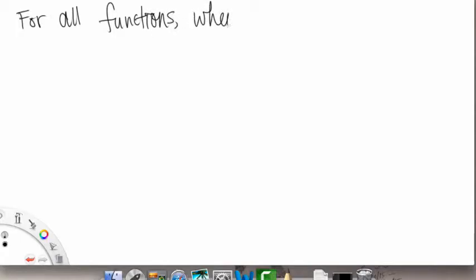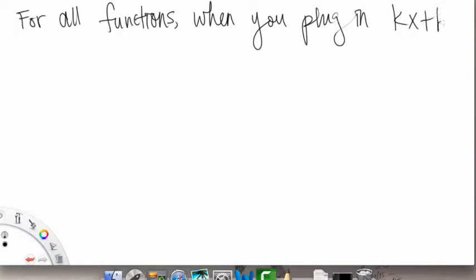Something else to note, here's a new little topic. So basically, for all kinds of functions that you see, when you plug in, instead of an x, what's called kx plus b, that's some linear form of something, where k and b are constants, okay?